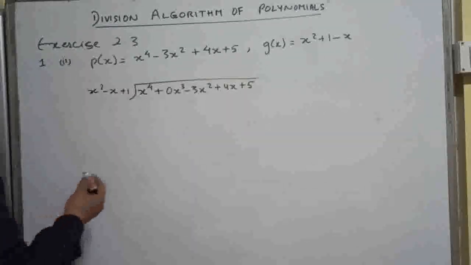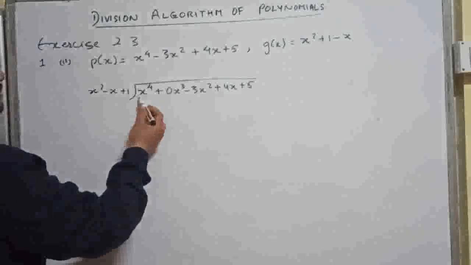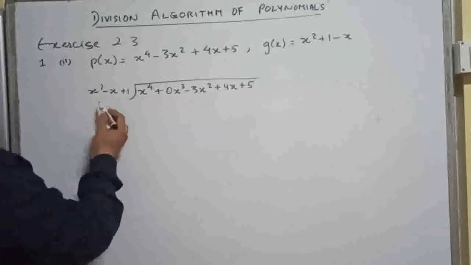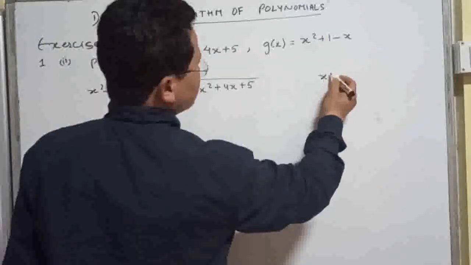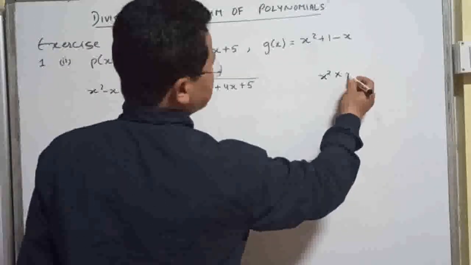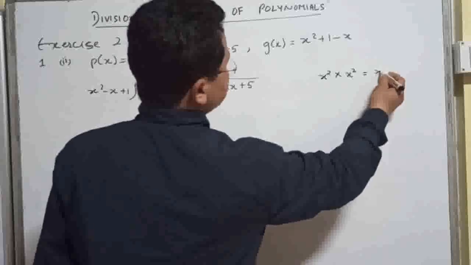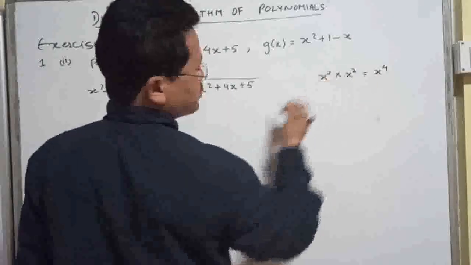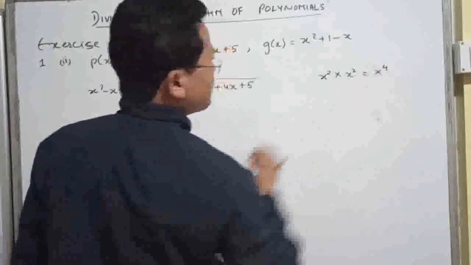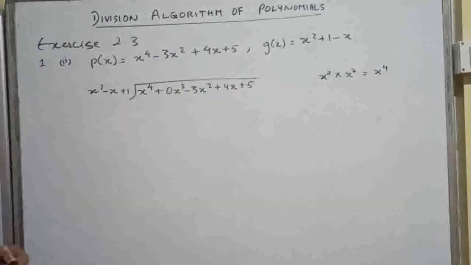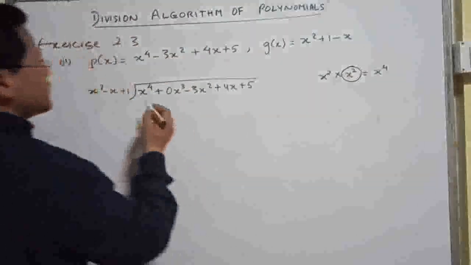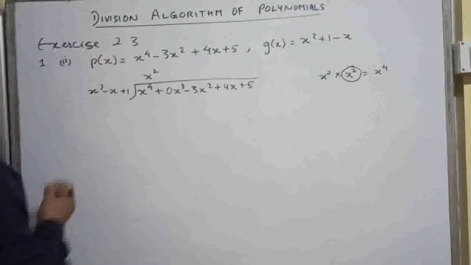Now here this is the highest power, x power 4, and this is the highest power, x power 2. So when we multiply x power 2 with another x power 2, we get x power 4, because here we get power 2 plus 2 is equal to 4 according to the laws of exponent. So this is our quotient, so x square.